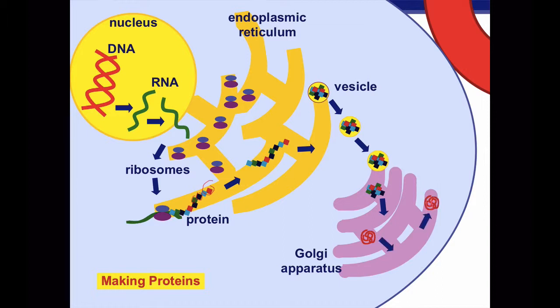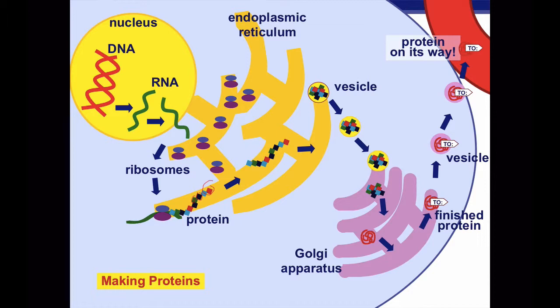So this could be anything, a hormone, an enzyme, whatnot. Now, as it leaves the Golgi apparatus, it's going to come out in a vesicle, and it's going to be tagged. Usually it's little carbohydrate tags, like a little name tag or a little to-and-from tag that says where it needs to go. And either it's going to leave the cell or it's going to be used within the cell. And there it goes.